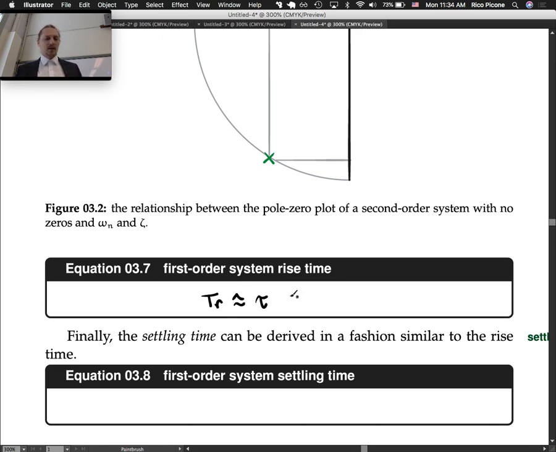tau times the natural log of 9, which is equal to, well actually, I'll make this one exact. This one is actually exact. Tau times the natural log of 9, and this is approximately equal to 2.2 tau.